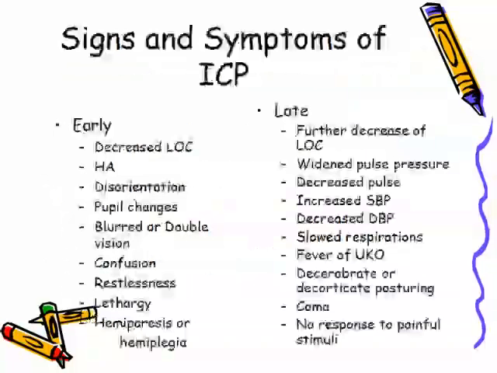So this next slide looks at the early versus the late signs and symptoms of ICP. A lot of times nurses will have a gut feeling on their neuro patients that something has changed or something is just not right. It may be that they're picking up on a very early and subtle change in the neurological status. So don't ever ignore that gut feeling that something has changed with your patient's neuro status. Check it out and see if it's something that needs an intervention.